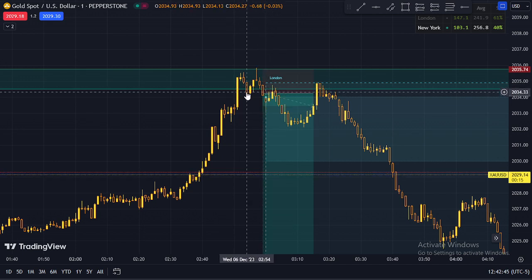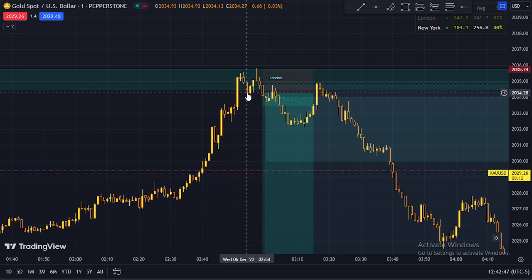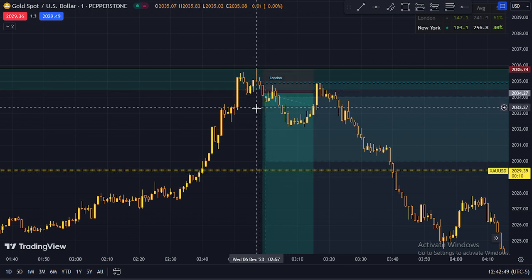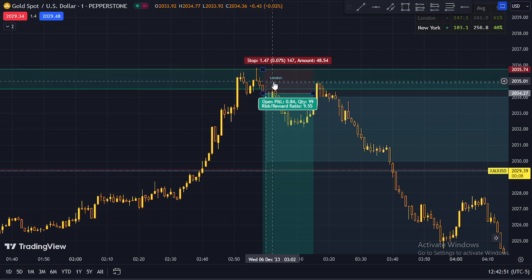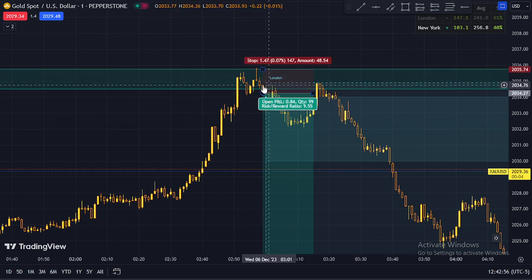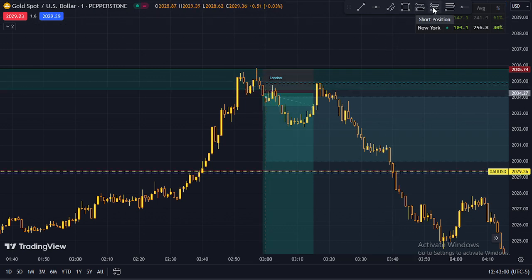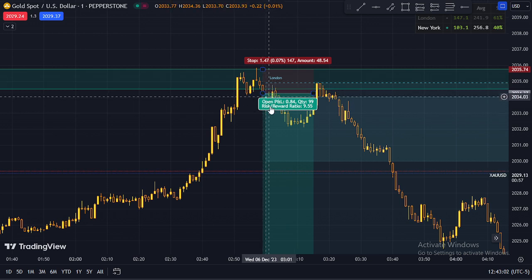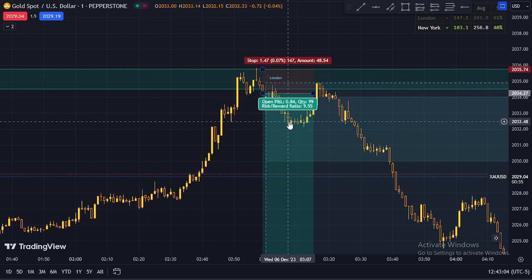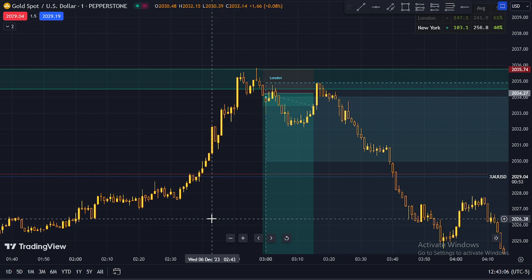So we had a breaker block, order block, fair value gap, and the imbalance itself for the 15 minute. So when price came in, you were supposed to go short right there. So this was where we were going short. As you can see, this was a 9-hour trade. What could we be aiming for?